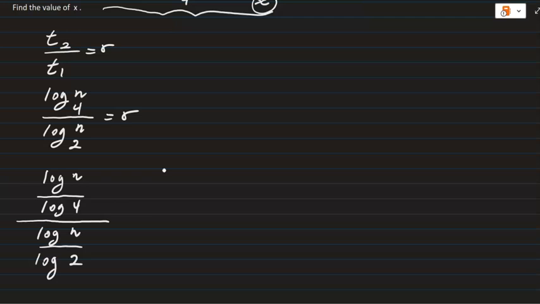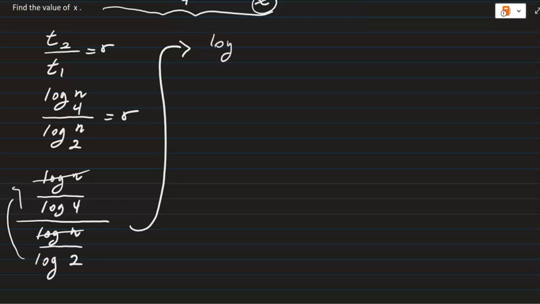And now from here, you have to simplify. So log of n divided by log of n, that's simple, that's actually 1. And then log of 2 comes up. So the numerator is log of 2, and the denominator is log of 4, which is what? Which is log of 2 base 4.